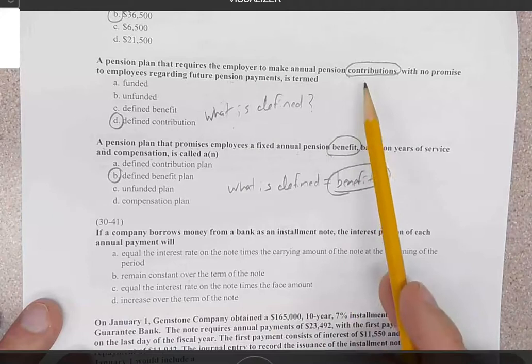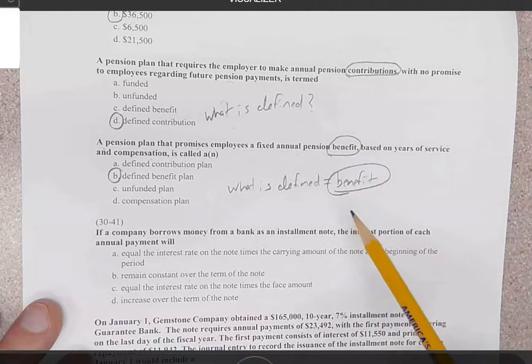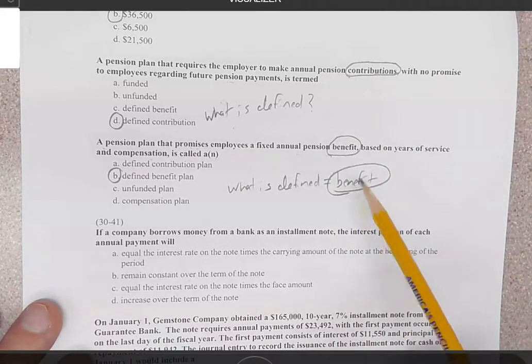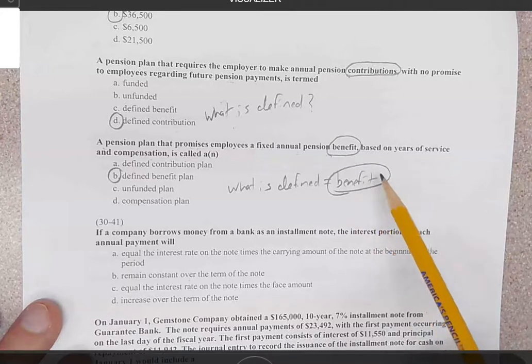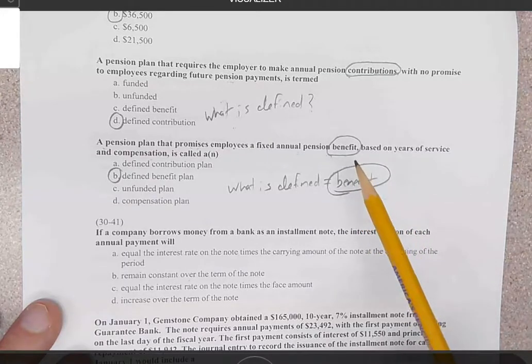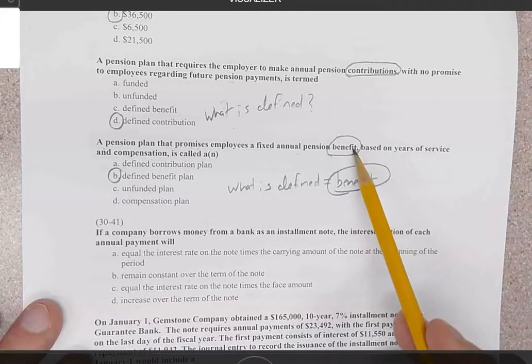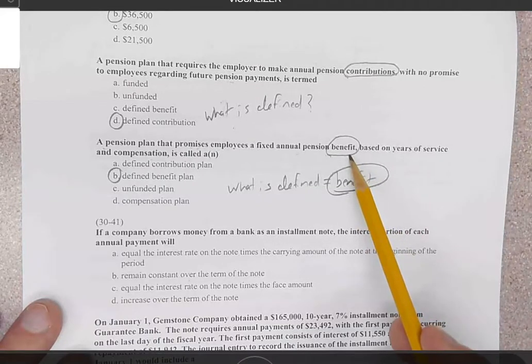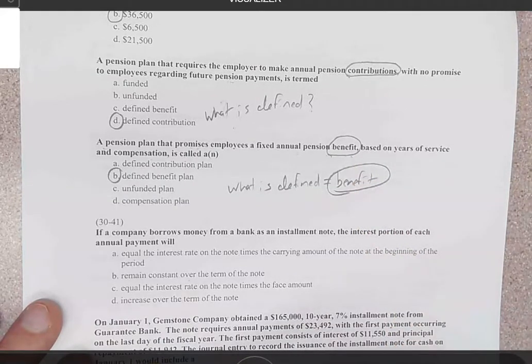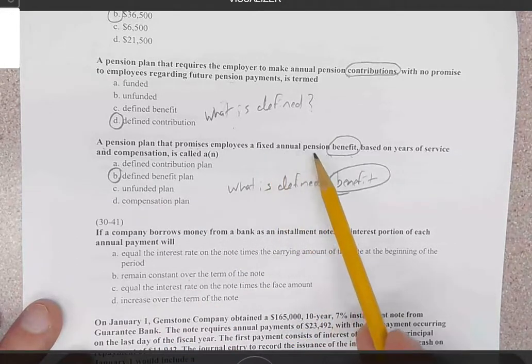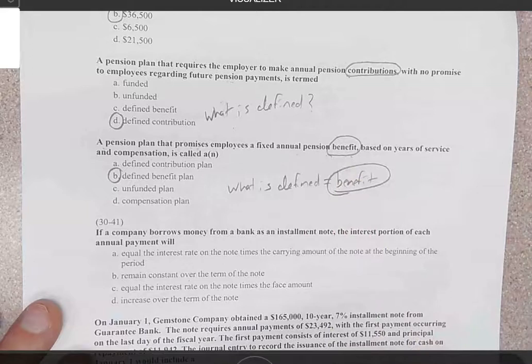Just as with the previous example, the employer is going to make a contribution on the employee's behalf. However, the employer is defining the benefit, and if the returns on those investments that the employer makes do not equal the fixed annual benefit that is promised, well, the employer has to kick in extra funds to make that happen.